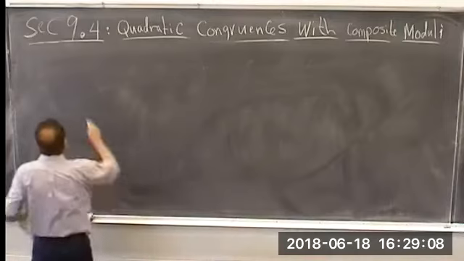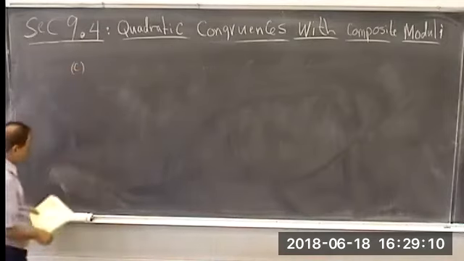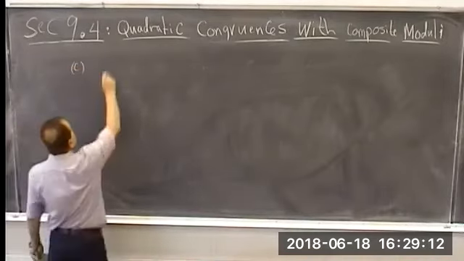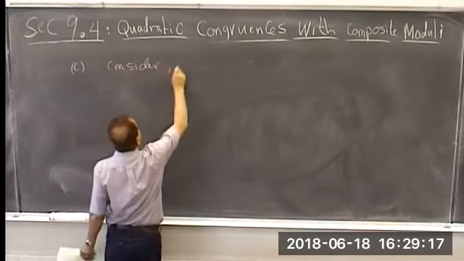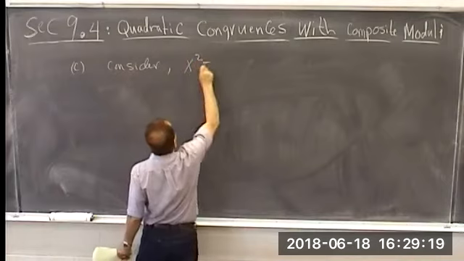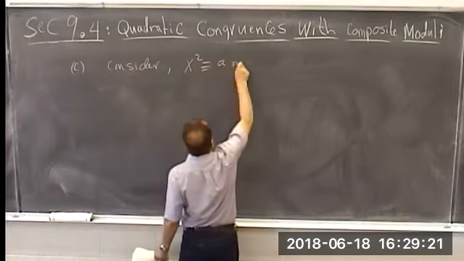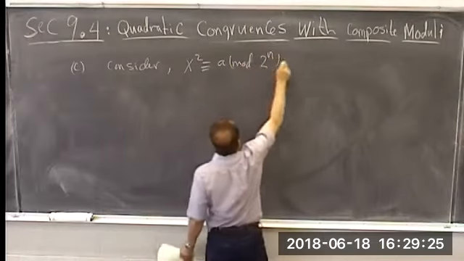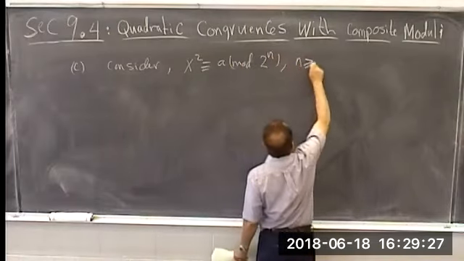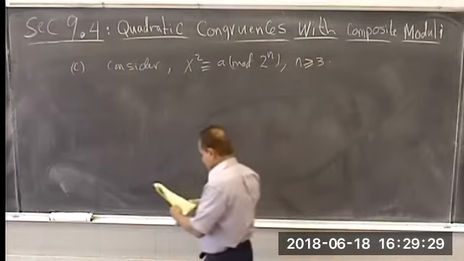All right, let's look at the higher powers of 2. Part C. Now we're going to consider x squared congruent to A mod 2 to the n, where n is bigger than or equal to 3.